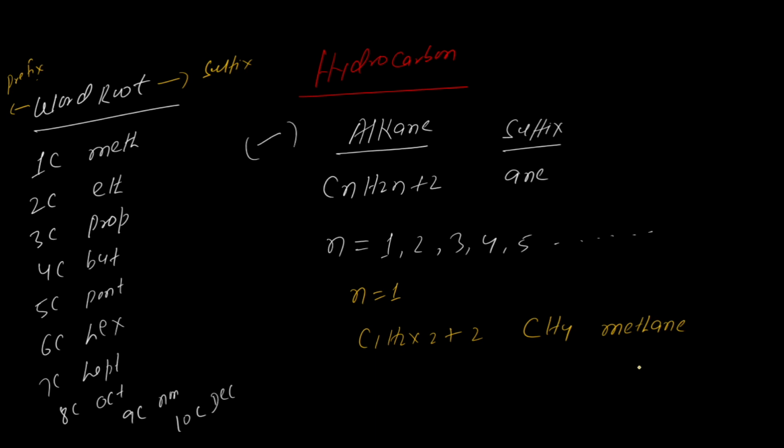This is the molecular formula. Now if you want to write the structural formula of methane, it has tetravalency, so 1, 2, 3 and 4 are satisfied. This is your methane. In a similar way you can move towards ethane, propane, butane or octane and give the name accordingly.